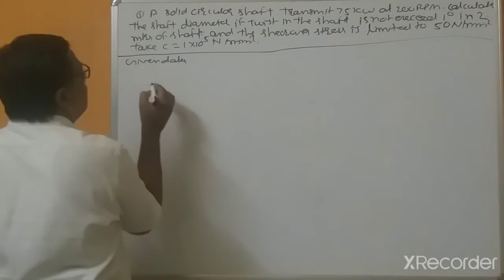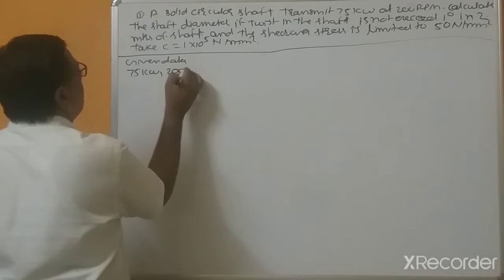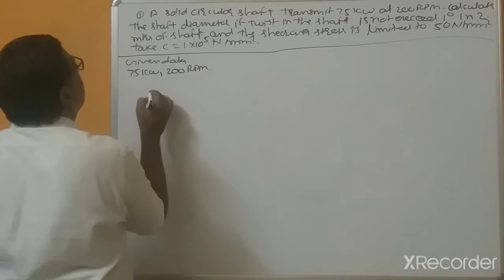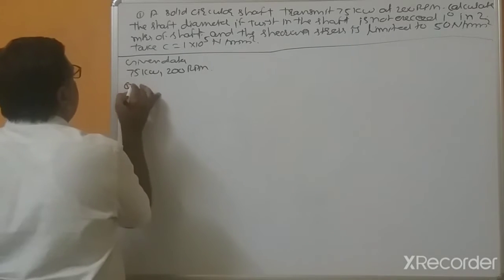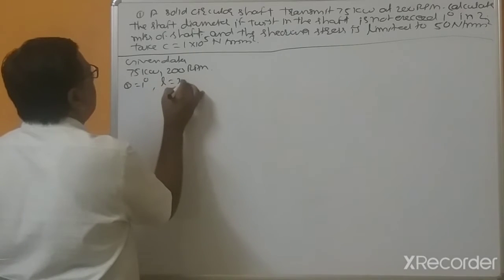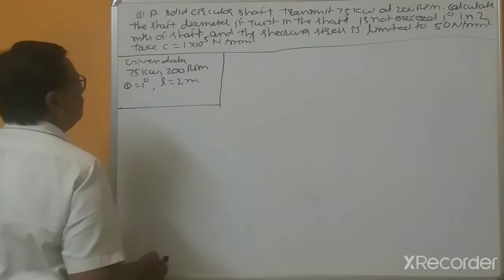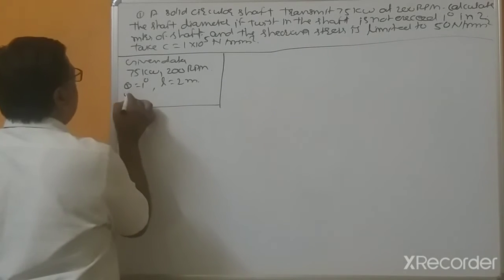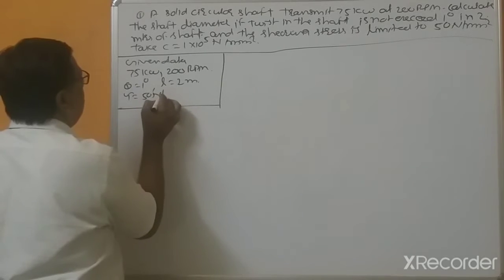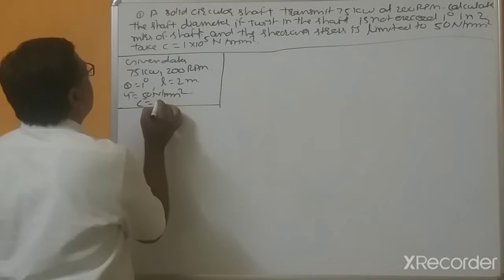So try to write the given data: 75 kilowatt power, 200 rpm, theta equal to 1 degree, length 2 meter, tau equal to 50 Newton per mm square, and C equal to 1 into 10 to the power 5.